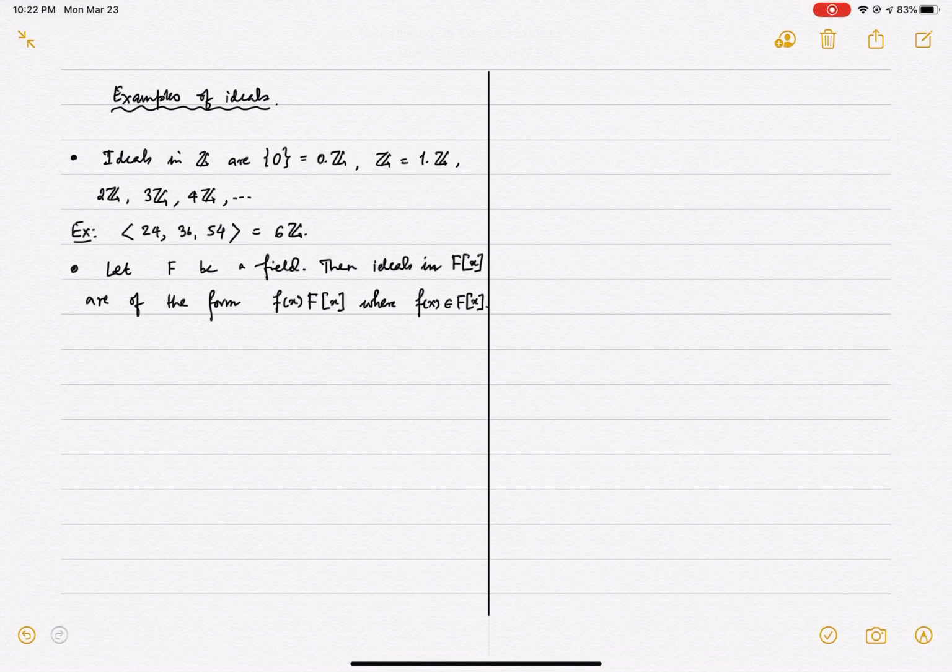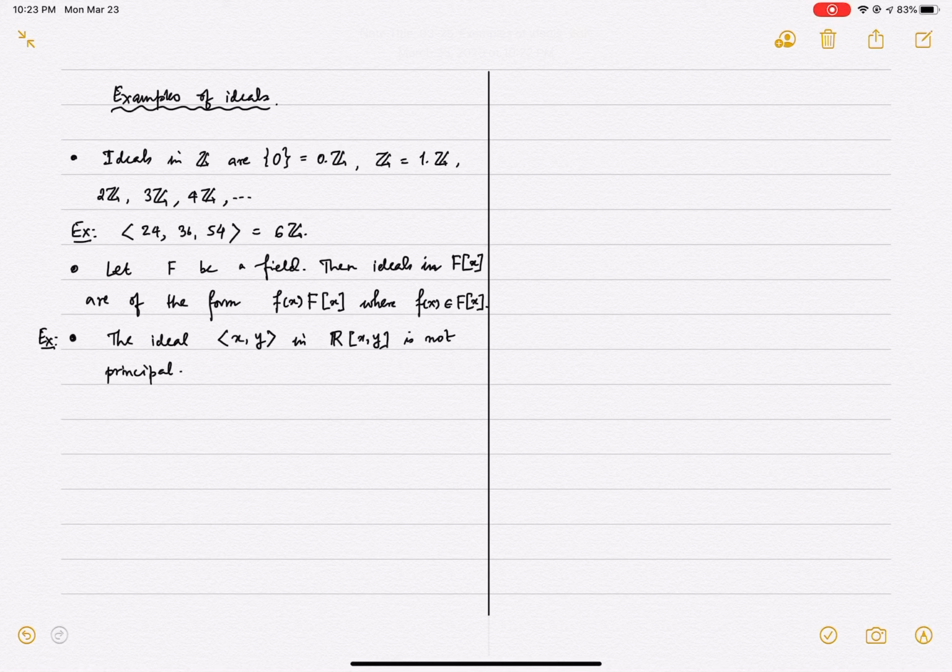So to see some other kind of example, you have to go to at least a two variable polynomial ring. You can show, for example, the ideal generated by x and y in the two variable polynomial ring is not principal. So all these are exercises, if you will.